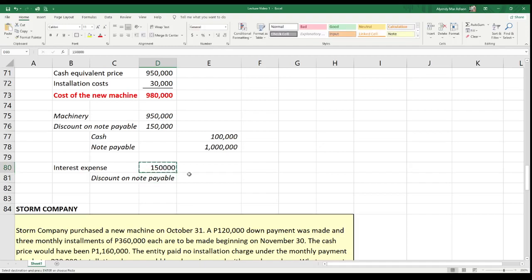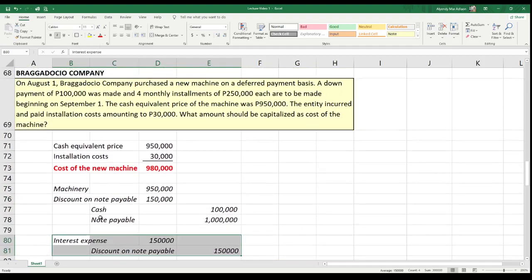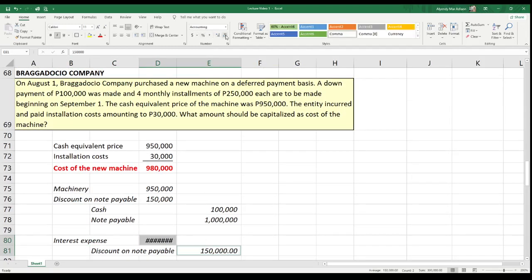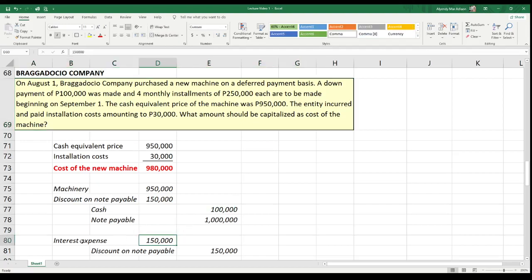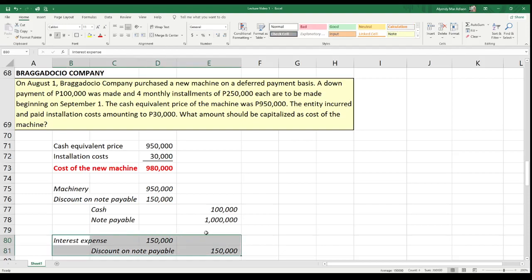Okay, again, it's because it is the end of the year that we do this. Although the payment is every month, this is actually already the end of the year. So, therefore, there is no need to amortize.